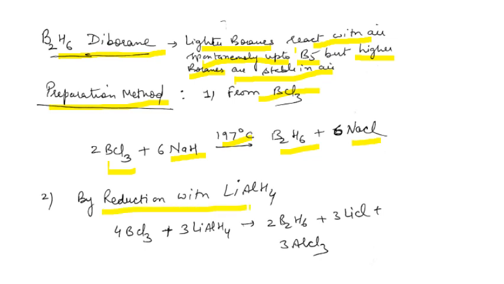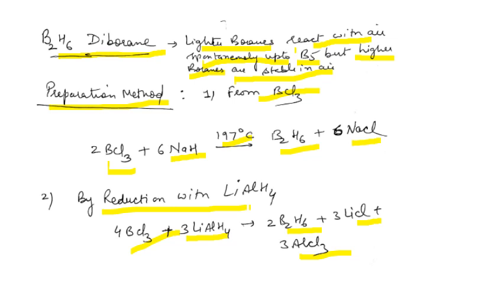The same boron trichloride, when reacted with lithium aluminium hydride, gives diborane, lithium chloride and aluminium chloride. The major thing in both preparations is that we can prepare diborane from the halides of boron.